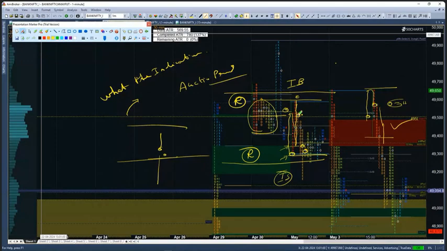So we have to look only at the strategy now. These are the references: open drive, open test drive, or open rejection reversal. These are valid only for the first 30 minutes.